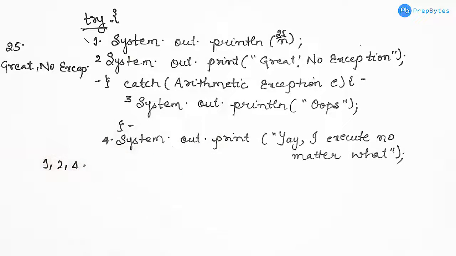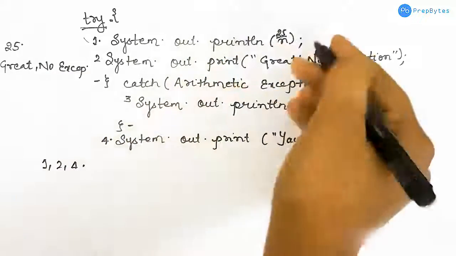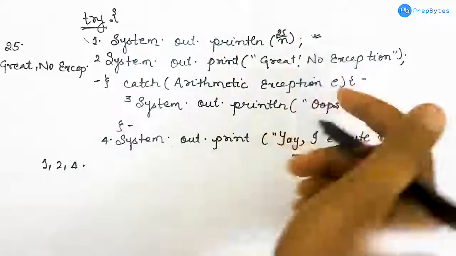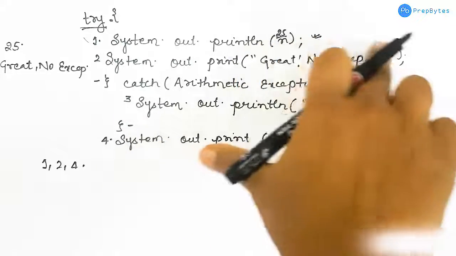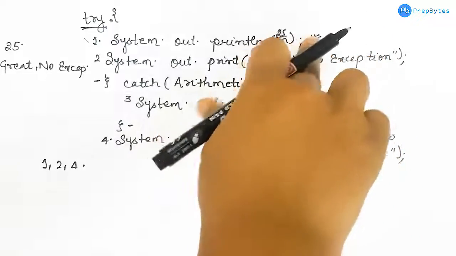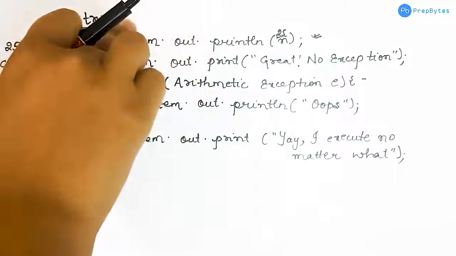Now let's say if exception occurs, if n is equal to 0, then obviously this statement won't get printed. And what happens in a try block is that if exception occurs in a particular line, then the statements after that line in that try block won't get executed.